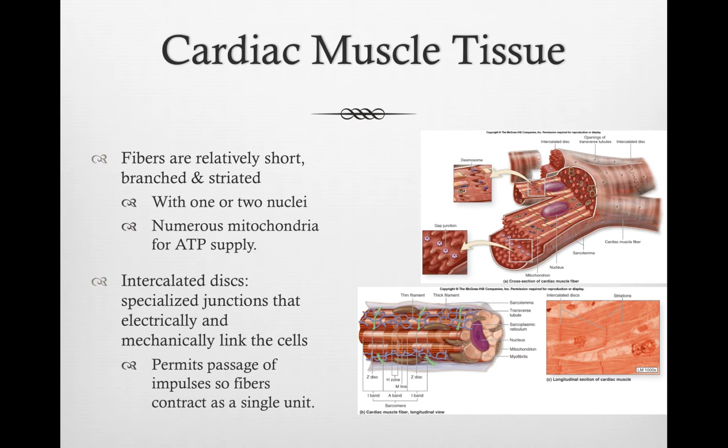But these have one or two nuclei only, numerous mitochondria for ATP supply, and they have junctions called intercalated discs that are specialized junctions for electrical links to the cells. This permits the passage of impulses from one cell to the other so that fibers can contract as a single unit. Because remember, the heart sets its own initiation impulse for beating.